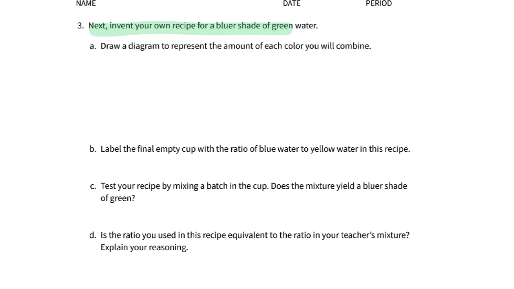All right, so now remember, our original was 5 to 15, where that 5 was the blue and the 15 was the yellow. So if we want something bluer, it means we need to increase this 5 to anything we want.